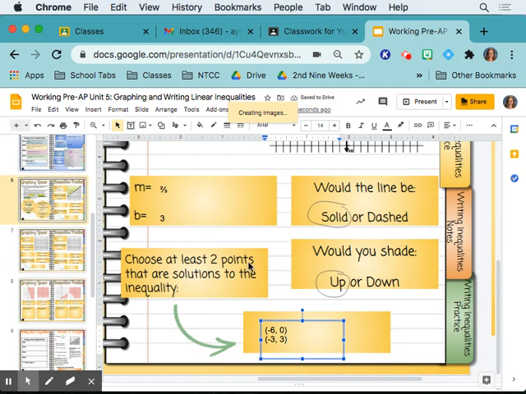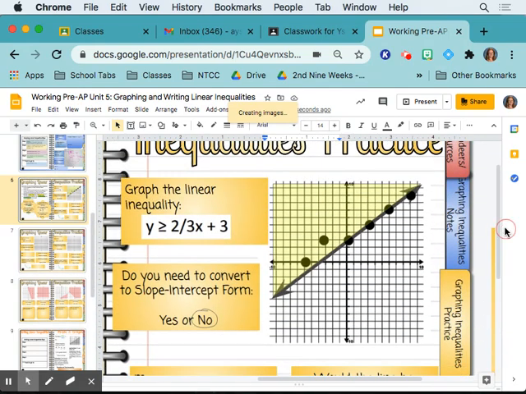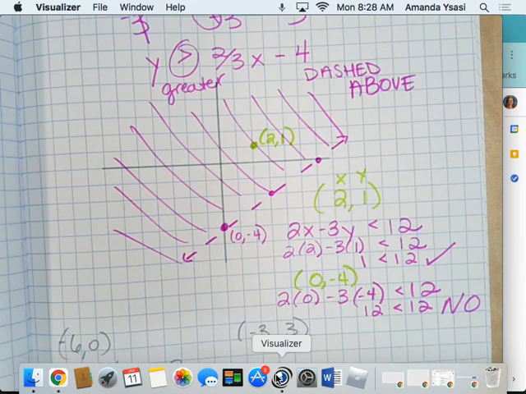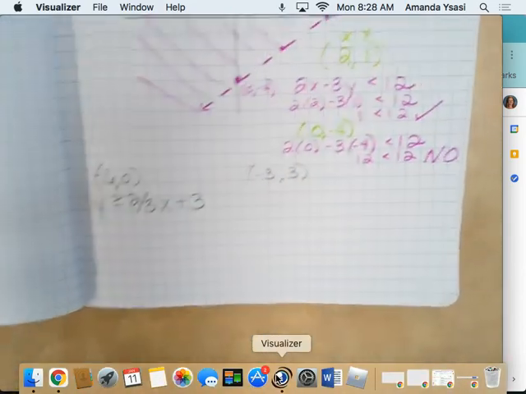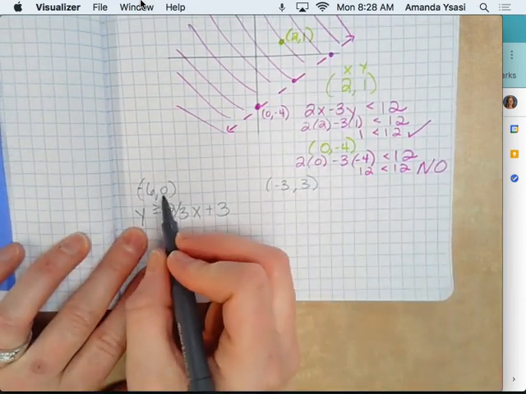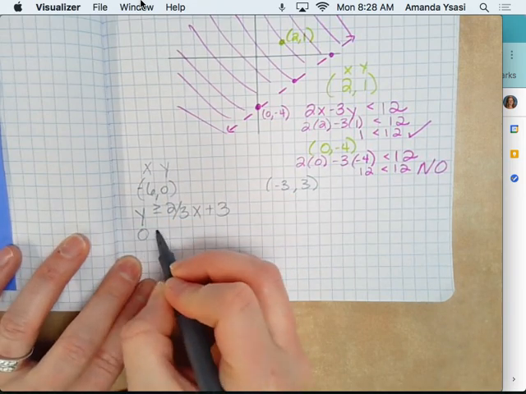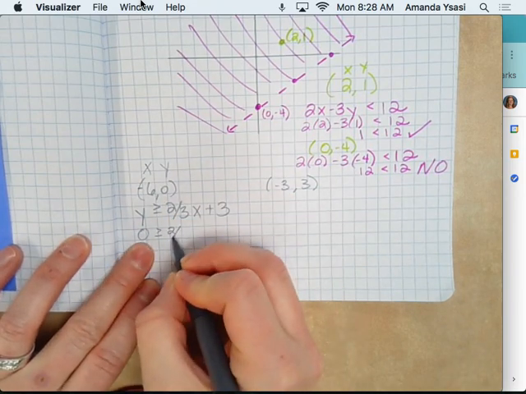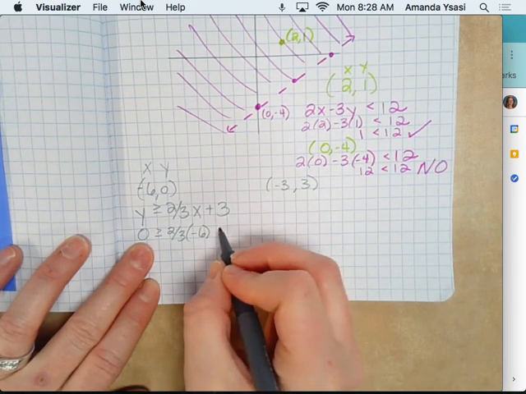I'm going to work these out on my composition book. So x, y, so this would be 0 is greater than or equal to 2 over 3 times the negative 6 plus 3.